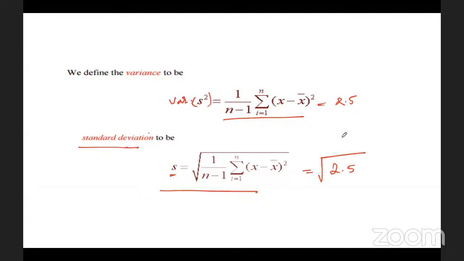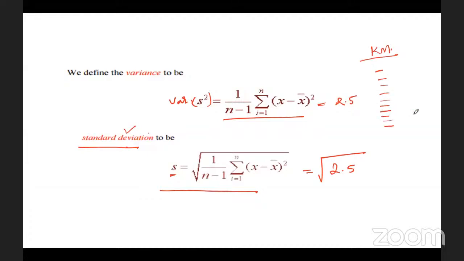Both convey similar meaning, but which one will we use mostly? Both can be used, but mostly we use standard deviation because we get the same units. Let's say, for example, I have a data set related to kilometers, a traveler traveling every day.